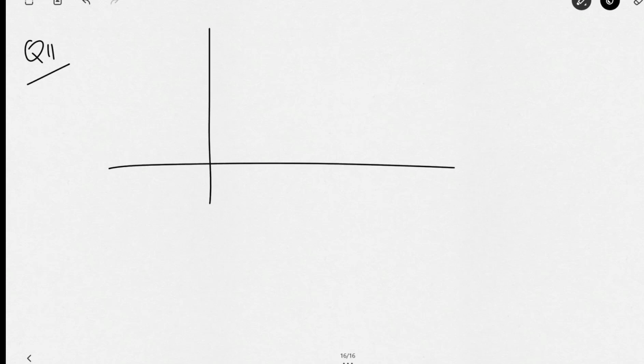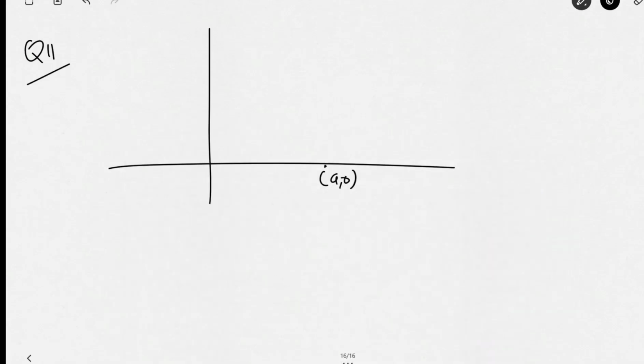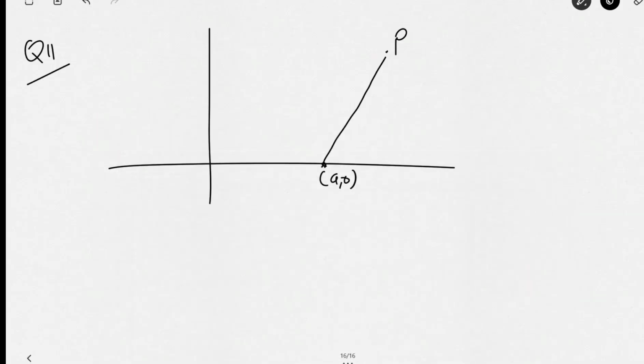So one point is given, (A, 0), and point P moves such that its distance from this point is equal to A plus the x coordinate of P. If we name P alpha and beta, the distance is the same as A plus alpha. So just apply the formula and we are done.